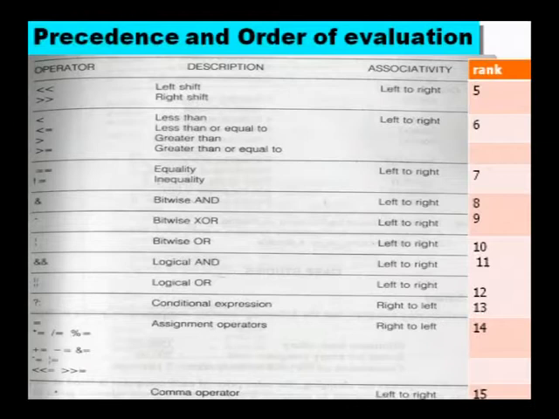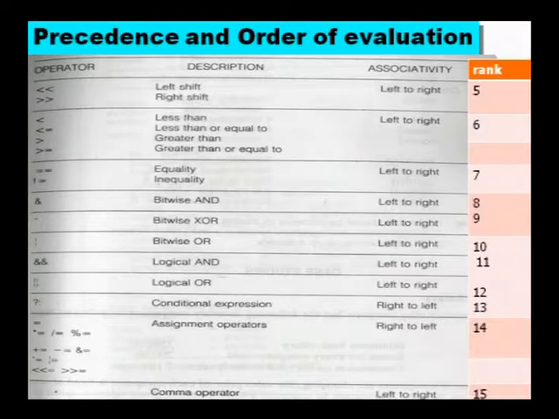Next you have less than, less than or equal to, greater than, greater than or equal to. They are all relational operators, having the 6th rank. Again the associativity of these operators is left to right.